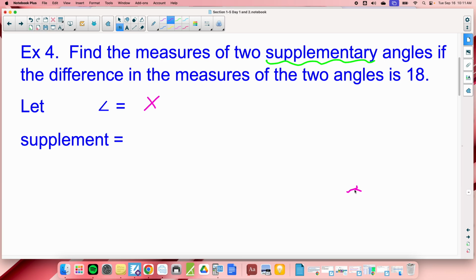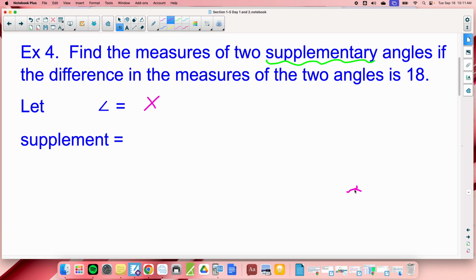If I told you I had an angle that was 20, and I asked you for the supplement of it, that means 20 plus what would give me 180? 20 plus 160. Another way you could think of that is 180 minus 20 would give you that 160. If I said one is 100, what's the other one if they're supplementary? You could go 180 minus 100, and that's 80, okay?